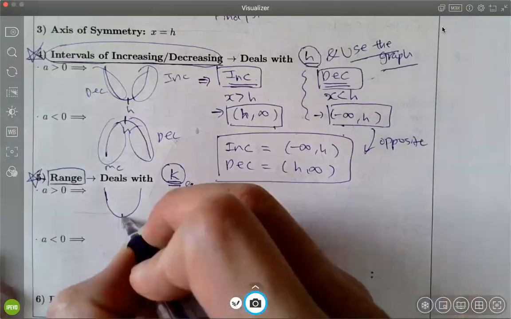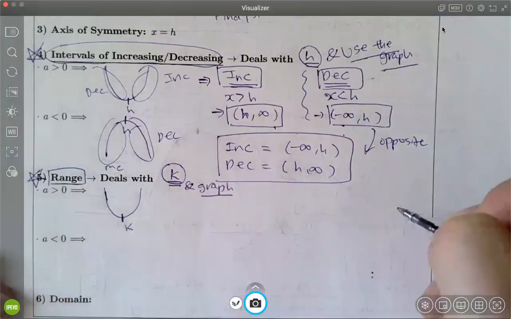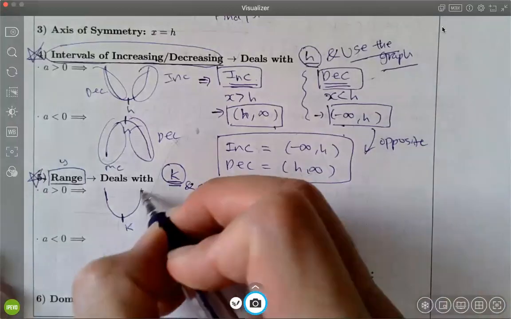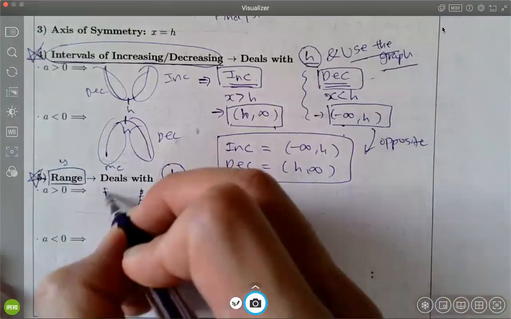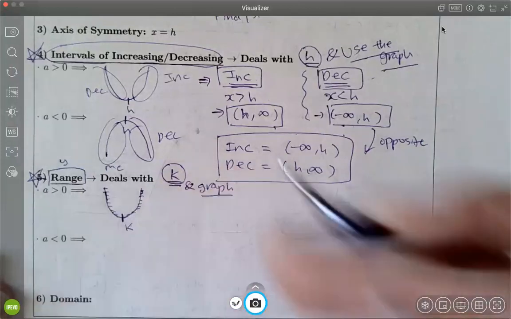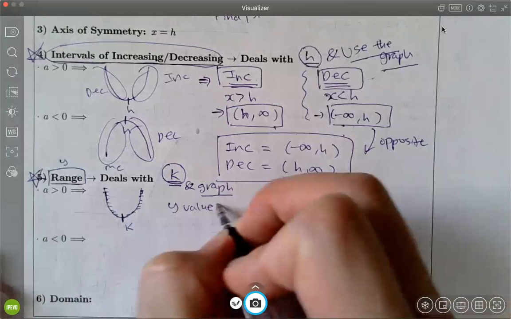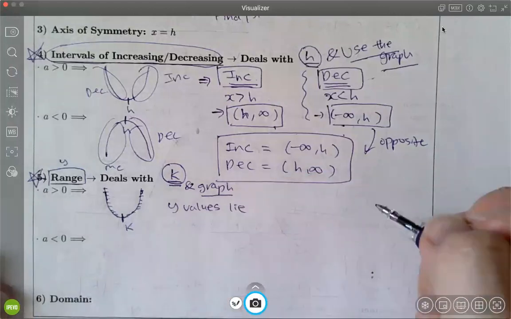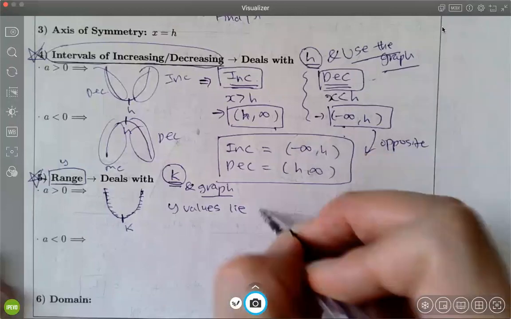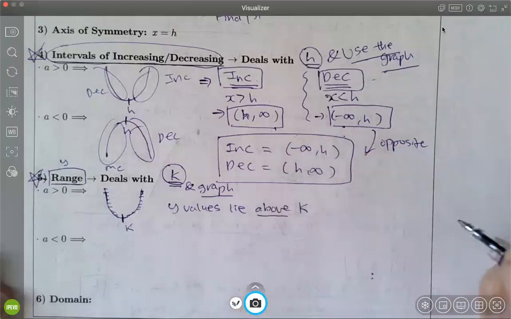Still at the bottom, right? Now remember, range is the y value. So where are all the y values on this graph in terms of this k? They lie above or below k? Above, right? Yes. So all the y values lie above k.